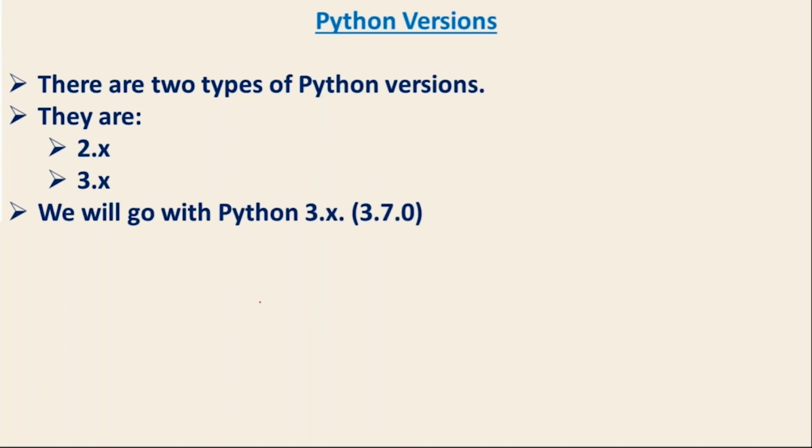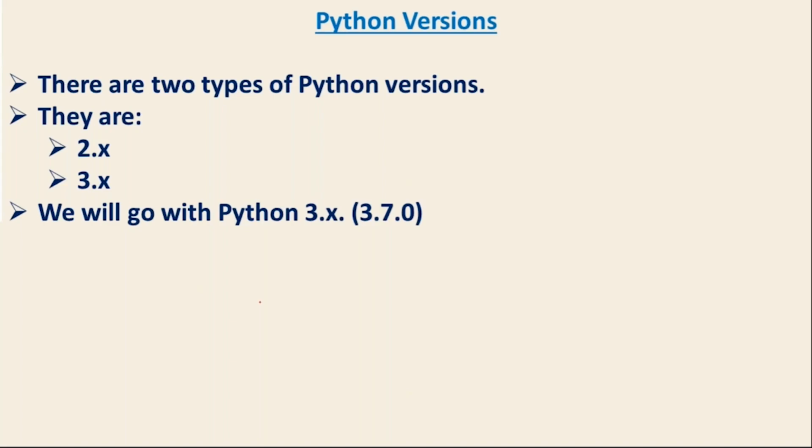So as of now, I'm going to take the stable version in 3.x, that is 3.7.0, right? So this entire course I'm going to explain with 3.7.0. But whatever syntaxes we use while explaining 3.7.0, the same syntaxes you can use with other 3.x versions, right? And also, at the end of this course I'm going to provide the major differences between 2.x and 3.x, so that once you're good with any one of them, after that you learn the differences between 2.x and 3.x, then you can easily work with either.